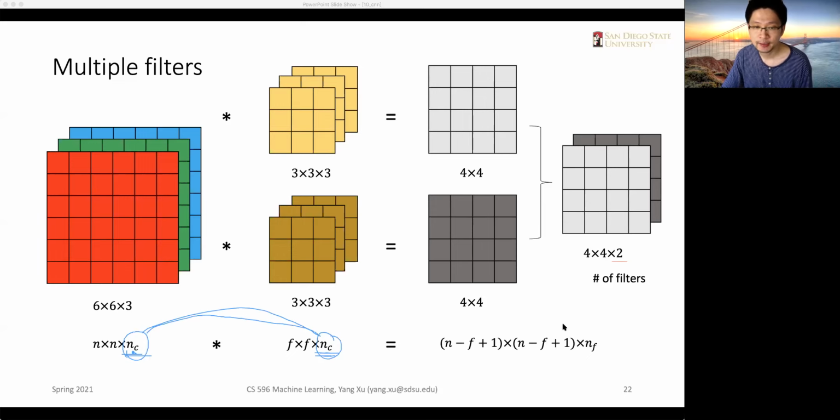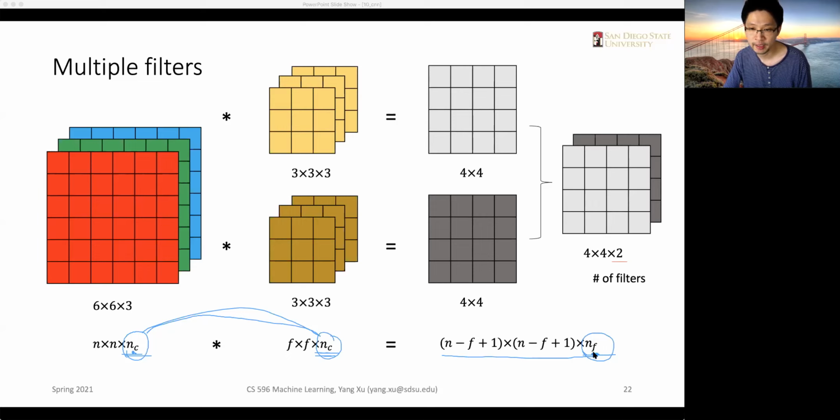The second number of channels is the number of filters actually. This n subscript f indicates how many such filters are actually applied, and the number of filters determines the number of channels in the output, right?